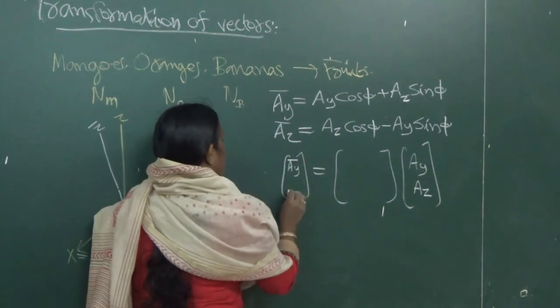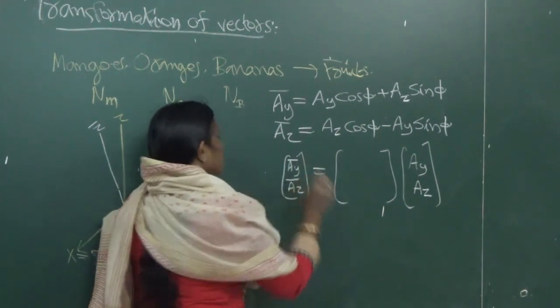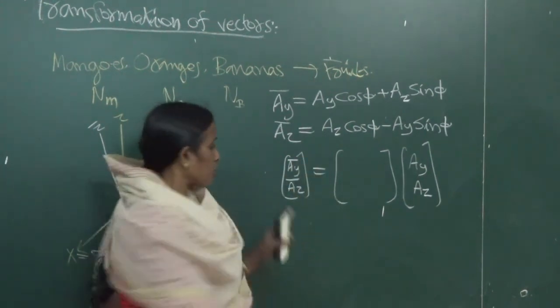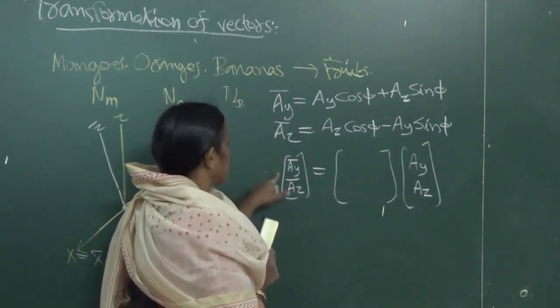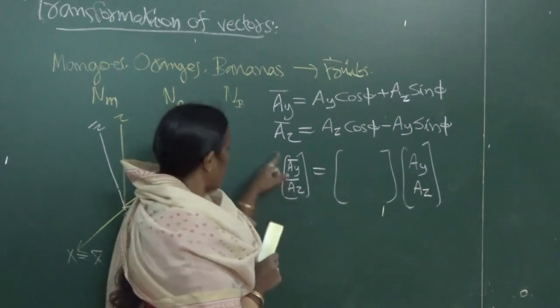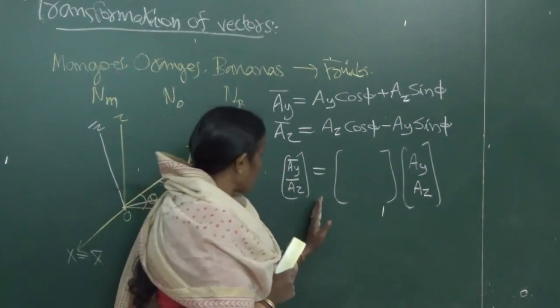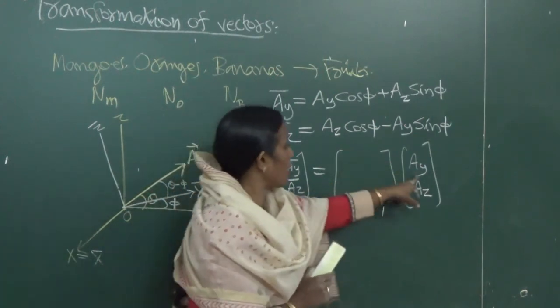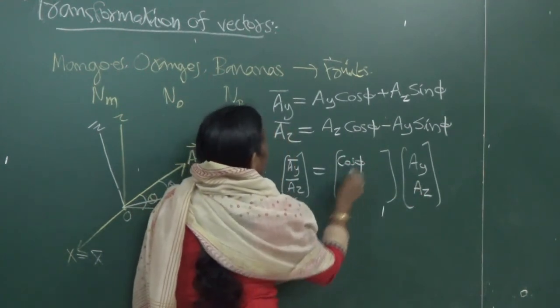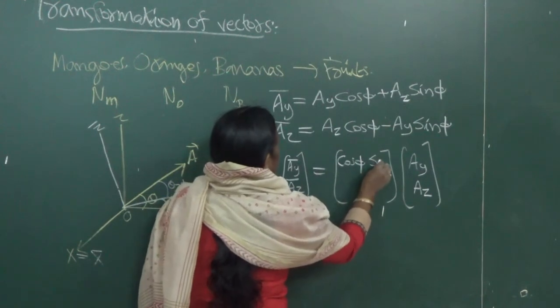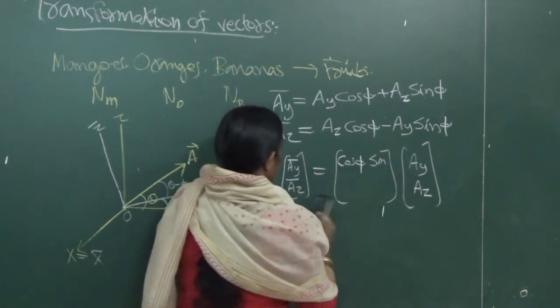Ay bar and az bar. So what is the relation between these two? Here you can see ay bar, az bar. That's what I write here. Ay bar, az bar is equal to something times ay, az. What is here? Cos phi, sin phi, right?